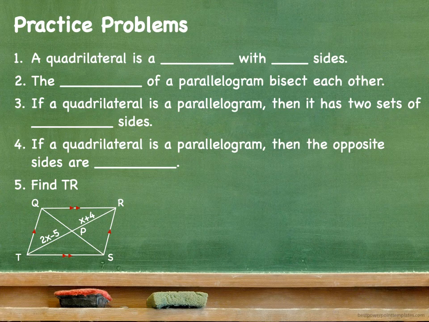A quadrilateral is a polygon with 4 sides. Now, when you have 4, please write, instead of using the number 4, if you are filling in the blank or something like that, write out 4 as a word, F-O-U-R. So a quadrilateral is a polygon with 4 F-O-U-R sides. The blank of a parallelogram bisect each other.